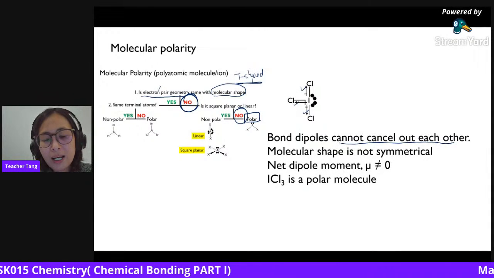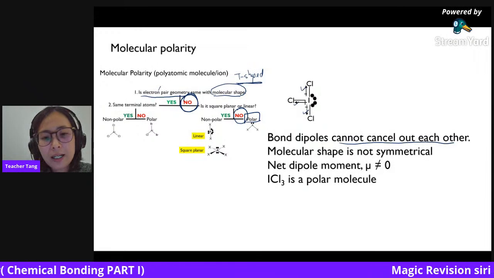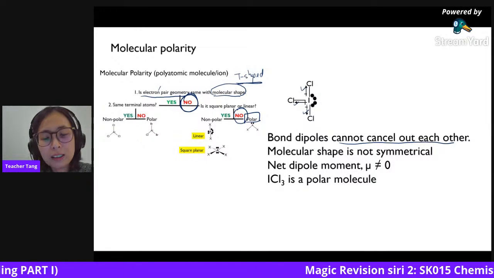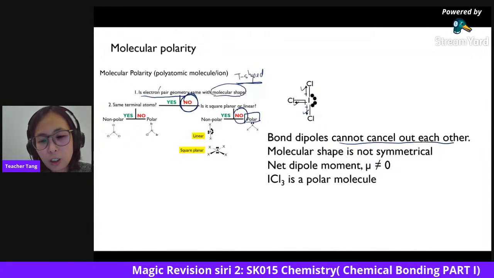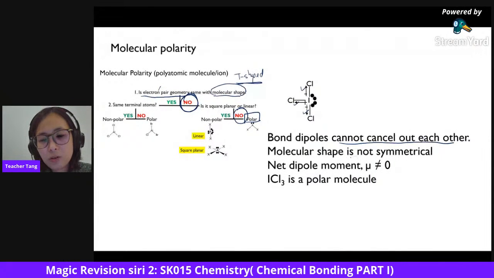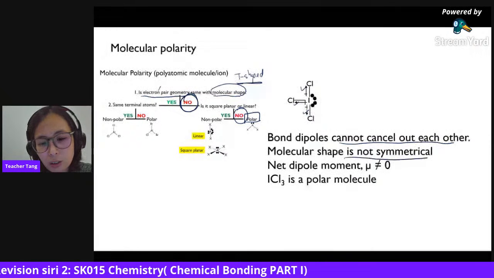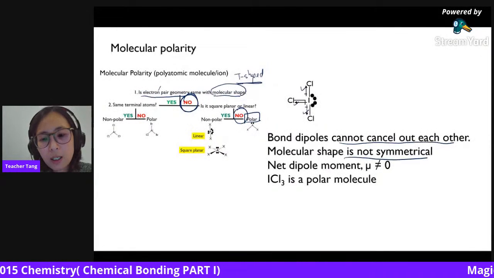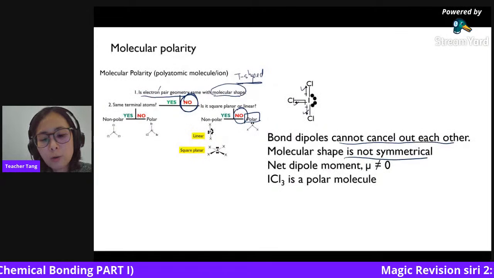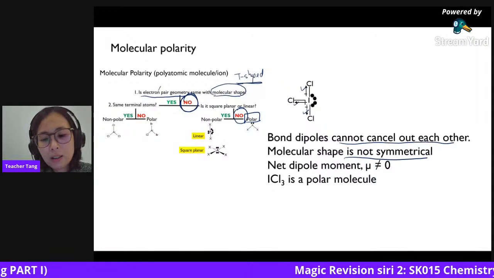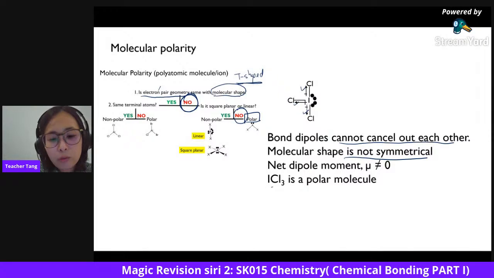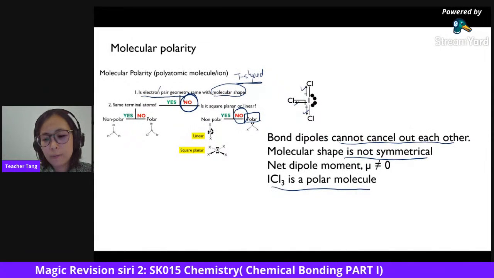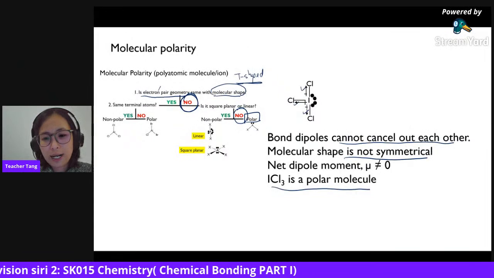When they cannot cancel out each other, it means that the T-shape for the ICl3 molecule is not symmetrical. Since it is not symmetrical, the net dipole moment is therefore not equal to 0. And when the net dipole moment is not equal to 0, it means that ICl3 is a polar molecule. So done with example 3.